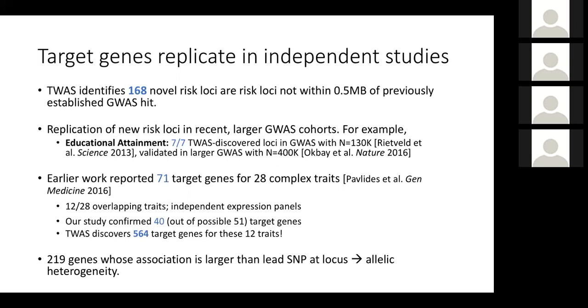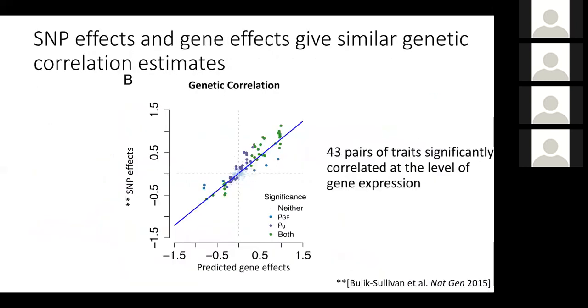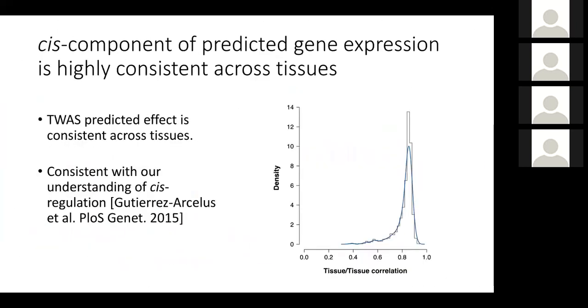To answer your question about using the relevant tissue for your study, one thing that we looked into, and I actually have a slide, is how consistent the effect size is across tissues. For each of the TWAS results across tissues, how correlated were they? We saw a very high correlation on average.